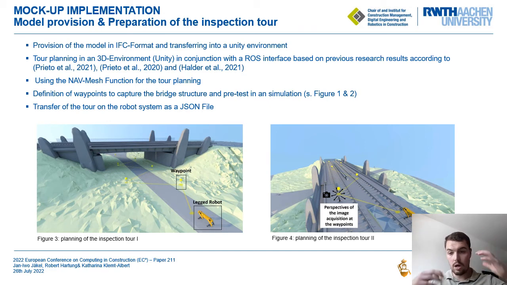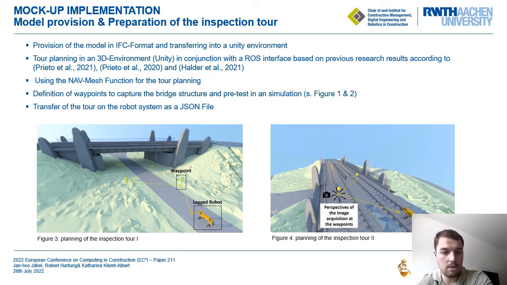After I showed you our concept in 2 different models, I'm going to present the mockup implementation. Here, for the 2 parts, provision of the model and preparation of the inspection tour, we use the Unity environment with a ROS interface.